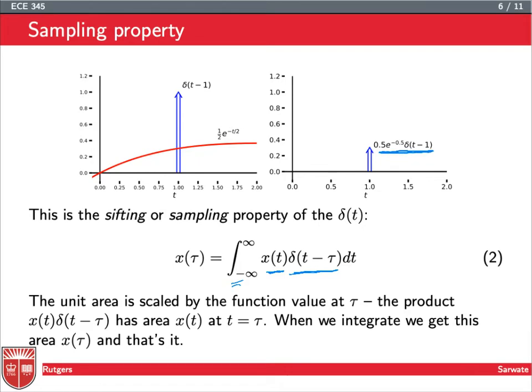Basically, it's going to pick up the value. This part here is just x of 1. So it's x of 1 times the impulse function centered at 1. Now the area under the curve is equal to exactly 0.5, or 1/2 e to the minus half. And so when you integrate this area over all t, from minus infinity to infinity, you get exactly x of tau, or x of 1 in this case.